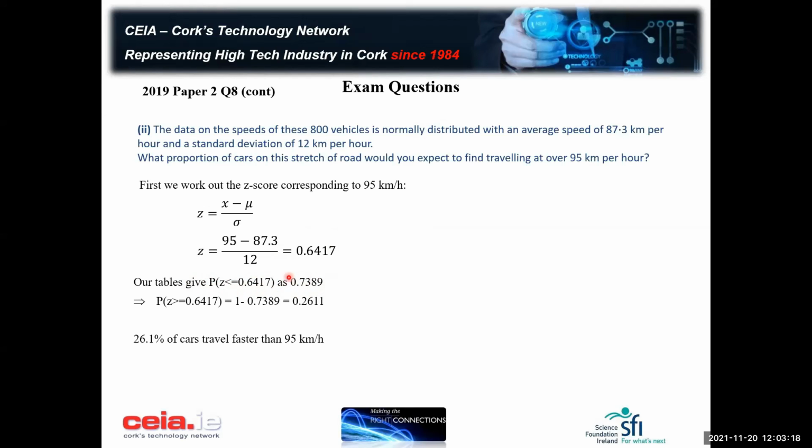So 73.89% are slower than 95 kilometers per hour. You need to subtract this 73.89% from 1 to find the proportion that are faster than this 95, that have a z-score greater than 0.64, and that's 26.1%.